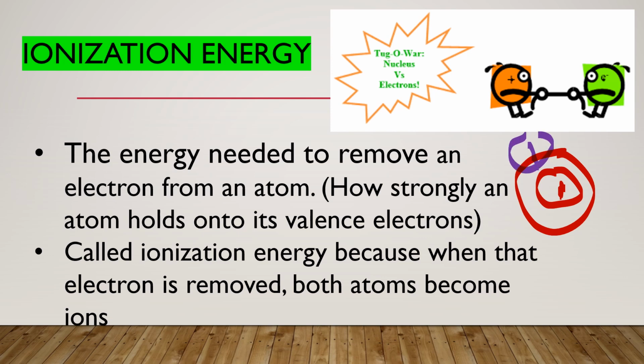How much energy is that going to take me to steal it? It's kind of the same idea of how strongly an atom holds onto its valence electrons. Okay, it's called ionization energy because when that electron is removed, both of the atoms become ions. That electron gets removed from this atom and it goes to another atom, so we have different numbers of electrons and they become charged ions.